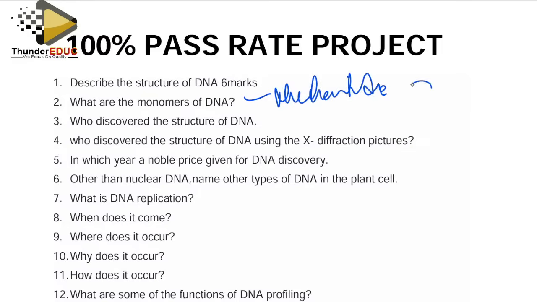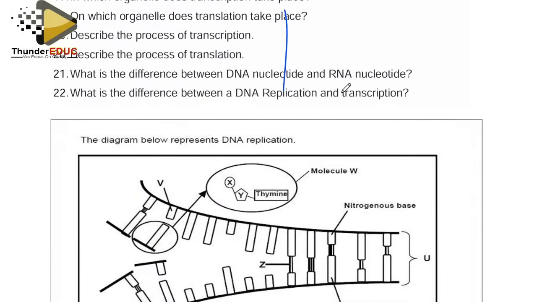The nucleotide is made up of a phosphate group, deoxyribose sugar, and then the nitrogenous base. So if they ask what is the difference between the nucleotide of DNA and that of RNA, they are not looking at the strand, they are looking at just the nucleotide.